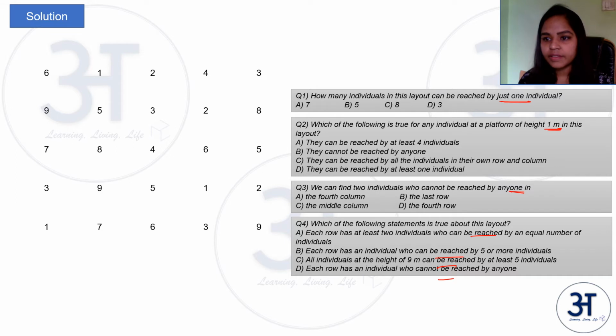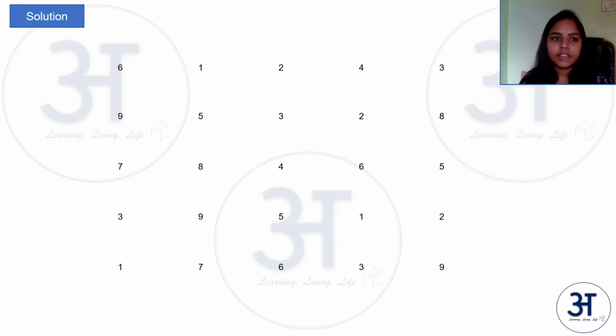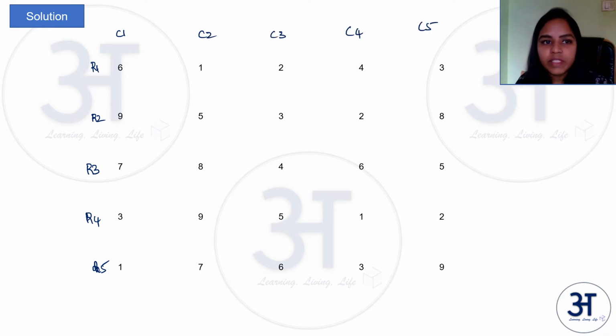Let me write again the row and the column numbers: row 1, row 2, row 3, row 4, row 5, and similarly columns 1, 2, 3, 4 and 5. So let us go element by element.